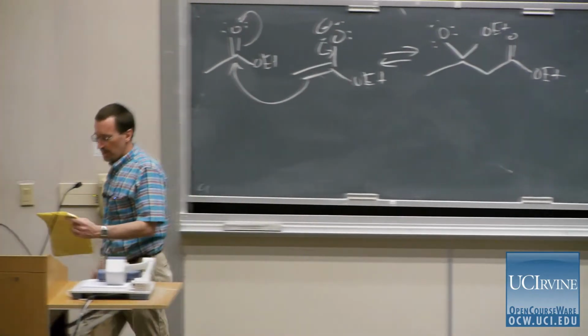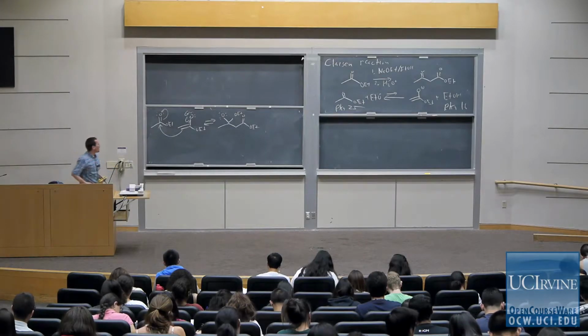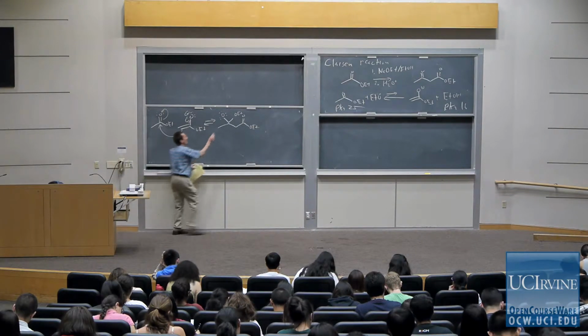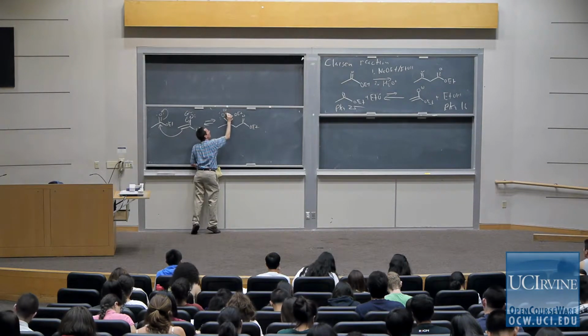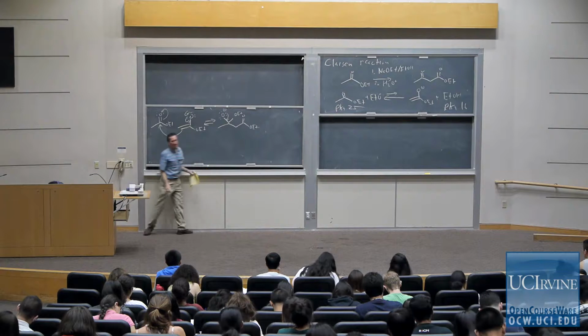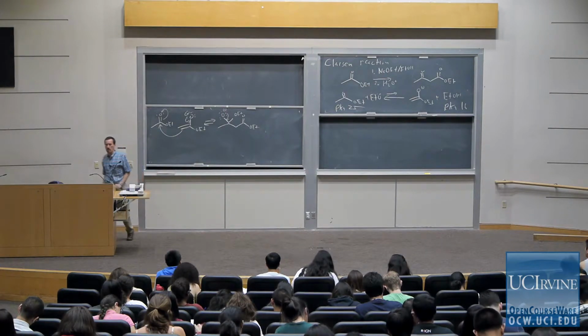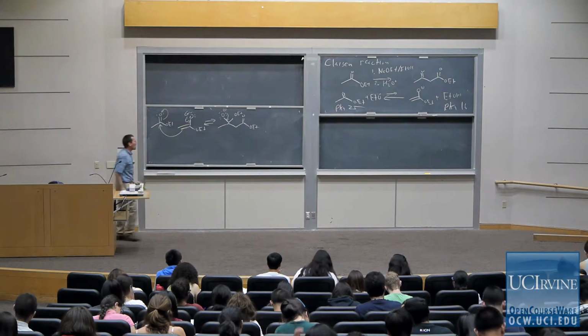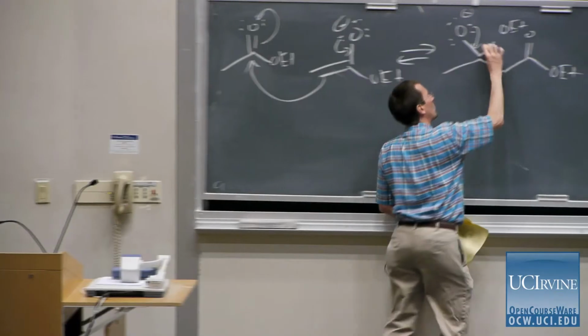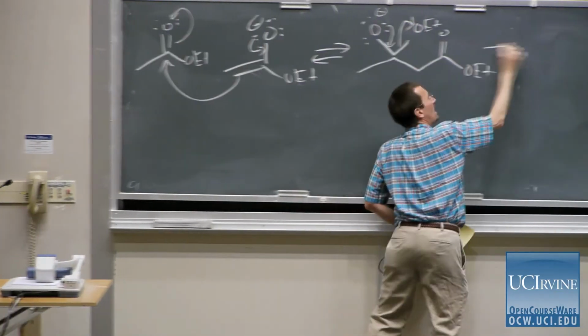Remember, tetrahedral intermediates aren't stable. They break down. Our oxygen kicks back in. The carbonyl carbon-oxygen double bond is very strong. We can expel a leaving group. Ethoxide leaves.